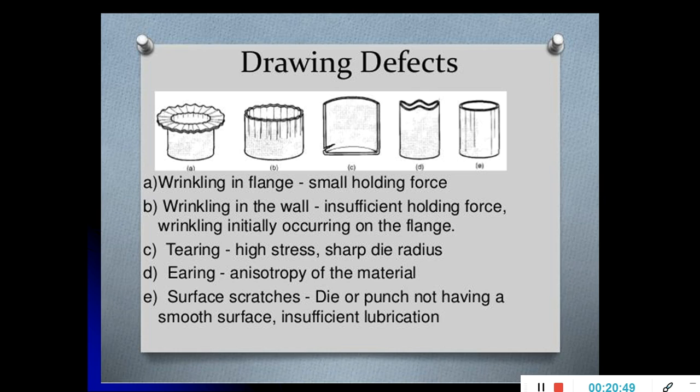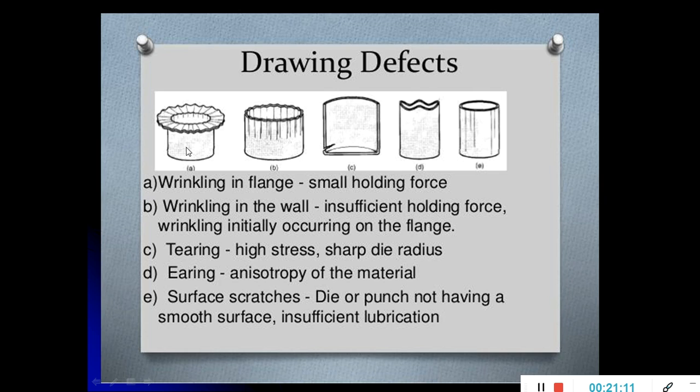If sufficient force is not applied, then wrinkles may form on the flange and wrinkles may form on the wall. These two occur in the drawn products with insufficient holding force.